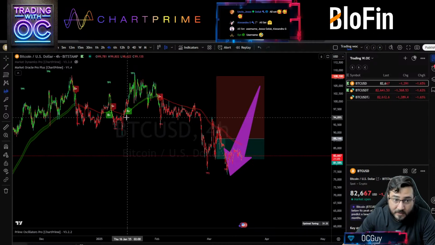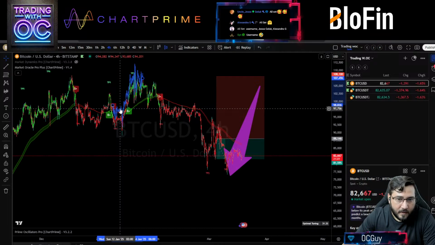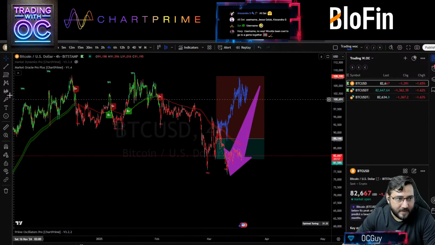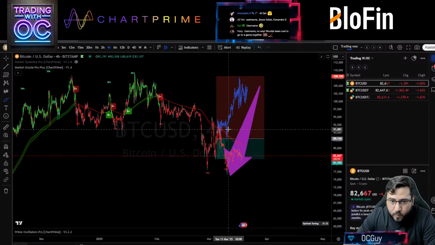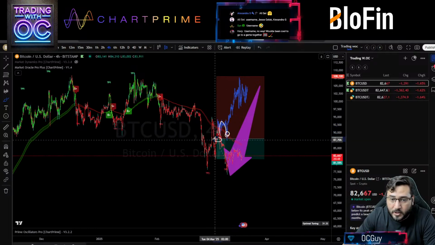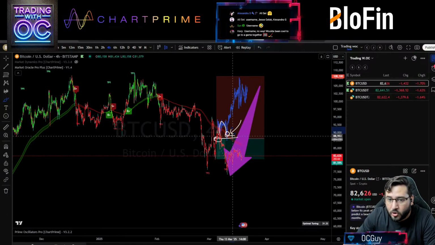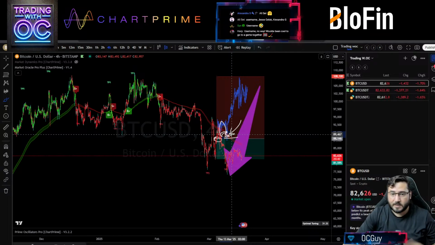If I start seeing, because I already know how this plays out, a breakout retest, right? I'm going to be worried if it breaks out and retests here. But still, look at where I opened my short. So now I know that I can close my short in here with minimum losses. You see that?